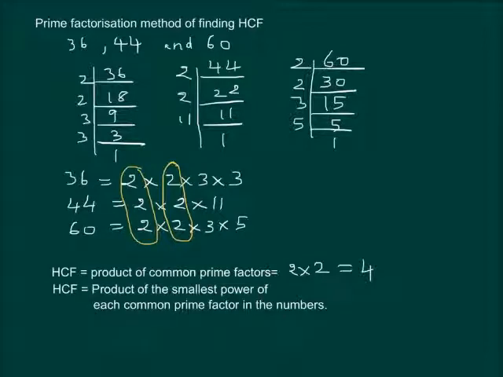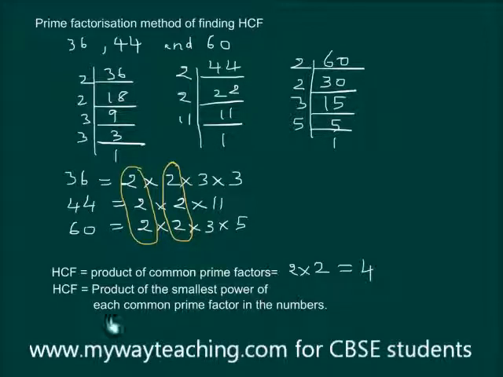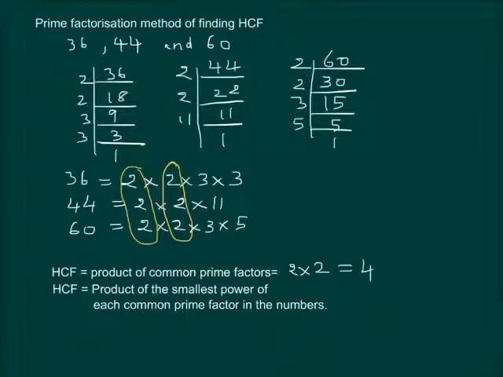Alternatively, we can say that HCF is the product of the smallest power of each common prime factor in the given numbers. Let us see how. We write each number in exponential form of the prime factors. So 36 is 2 square into 3 square, 44 is 2 square into 11 power 1, and 60 is 2 square into 3 power 1 into 5 power 1.